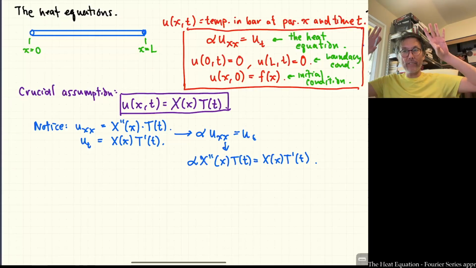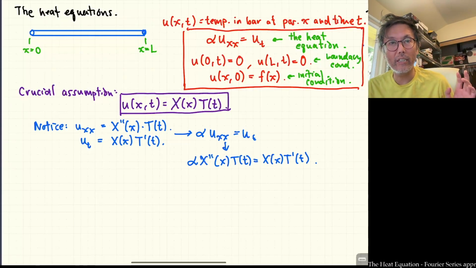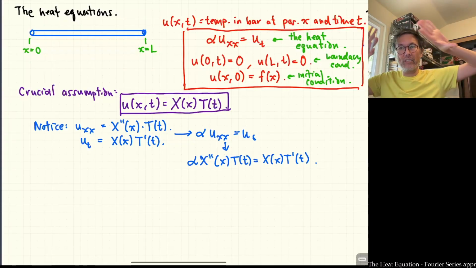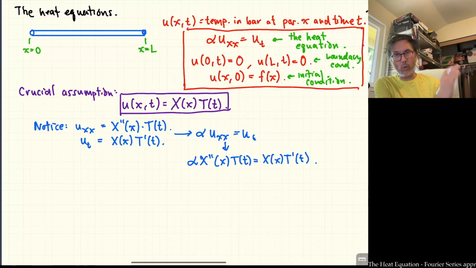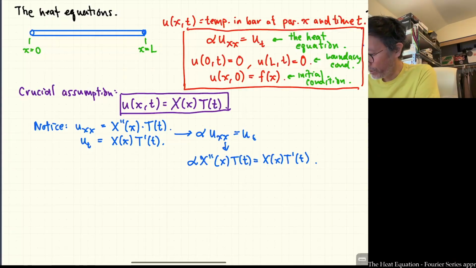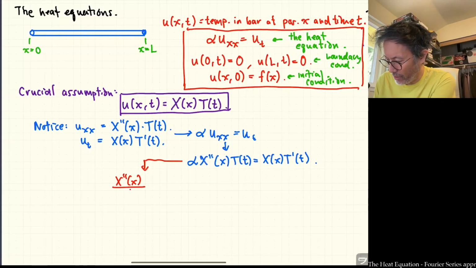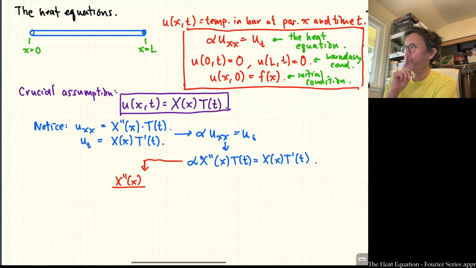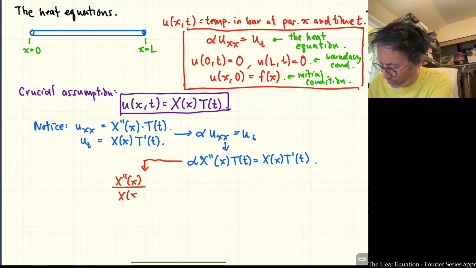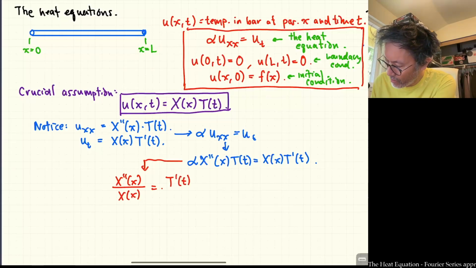Now, this is where the separability assumption is so useful, I'm going to segregate everything that involves x on one side of the equal sign and everything that involves t on the other side. So this is going to lead to the following equation: X double prime of x divided by X of x is equal to T prime of t divided by alpha times T of t.